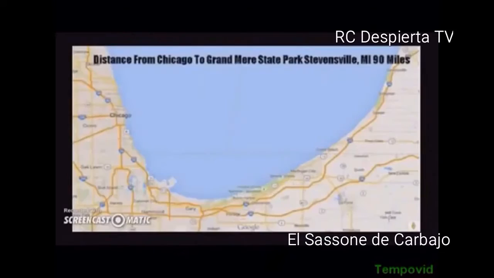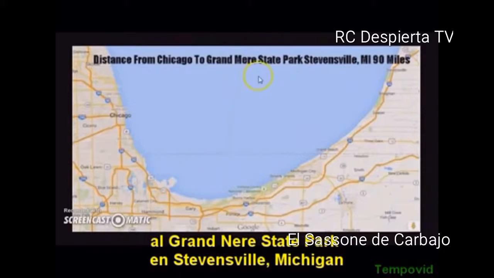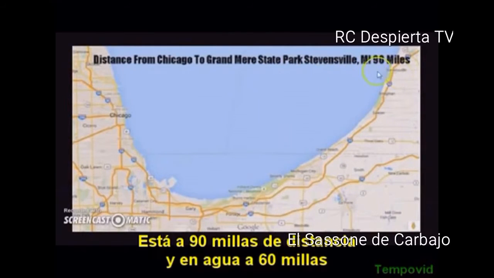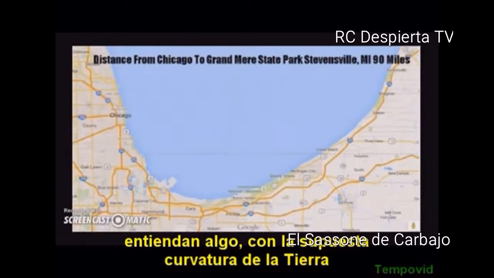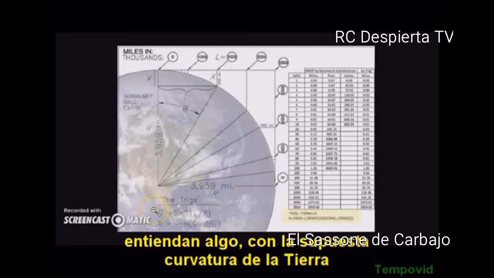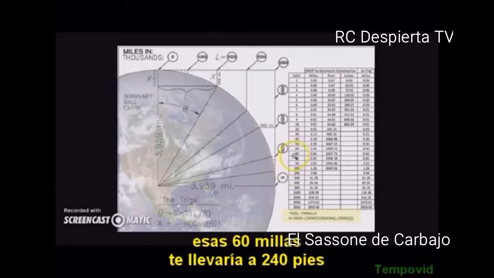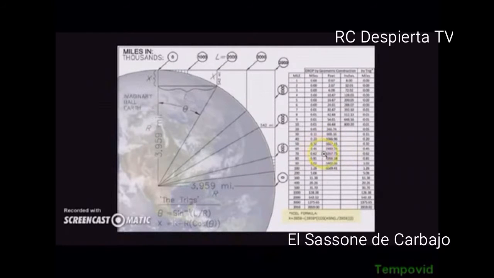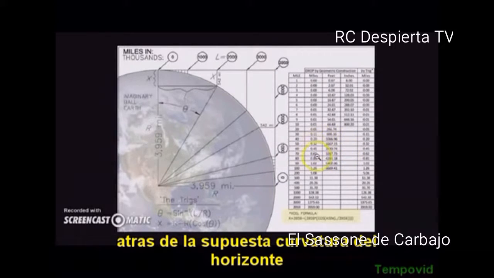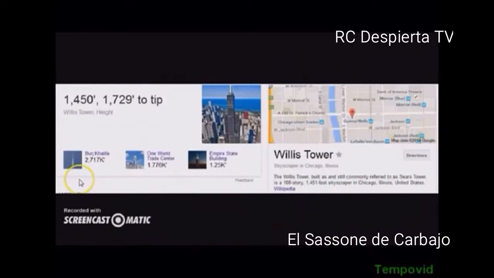Now understand, the distance from Chicago to Grand Mere State Park in Stevensville, Michigan, is 90 miles, and they say over water it's 60 miles. Now understand one thing. With the supposed curvature of the Earth, at 60 miles, that will put you 2,400 feet behind the supposed horizon or the curvature.